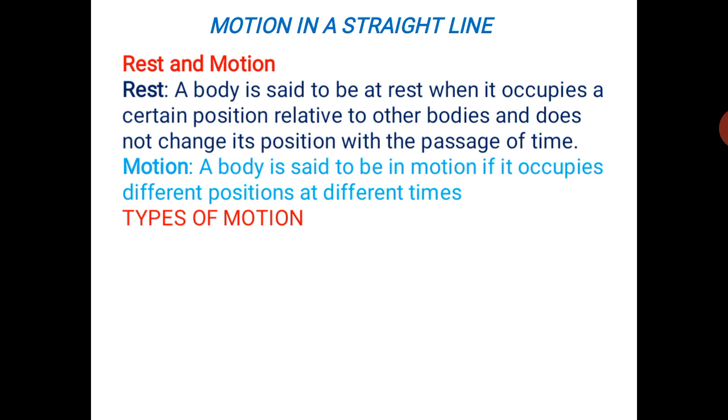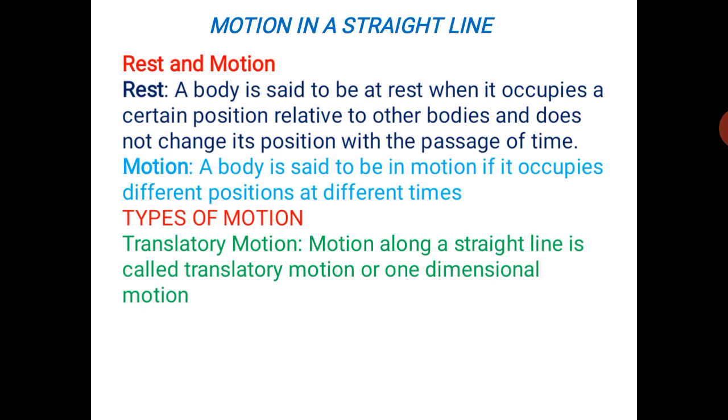Okay. So now let us discuss the types of motion. Types of motion. See, the name of the chapter itself, motion in a straight line. Okay, the motion along a straight line is called translatory motion or one-dimensional motion.